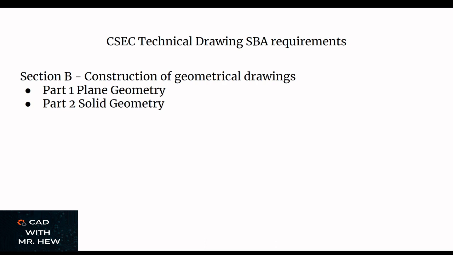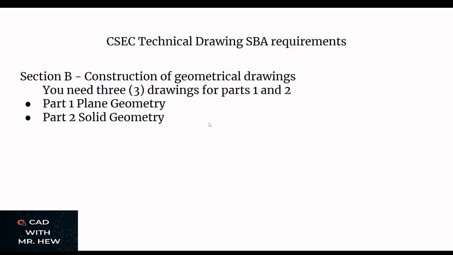All right? Now, there are specific requirements for this section, right? And what are the requirements for part 1 and 2? All right, so when doing section B of the CSEC technical drawing SBA, the candidate will produce 3 drawings for plain geometry and 3 drawings for solid geometry, right? And that will be the requirement that the candidate is expected to fulfill for section B, okay?